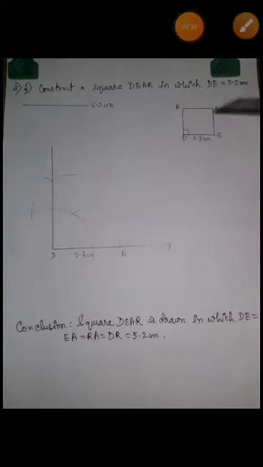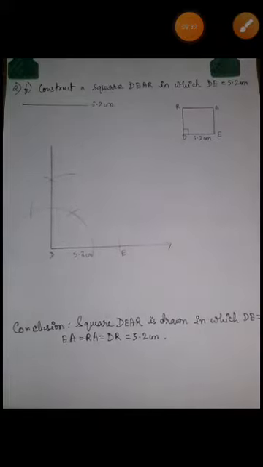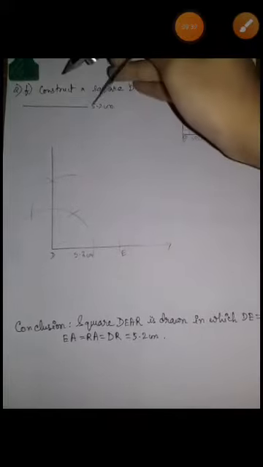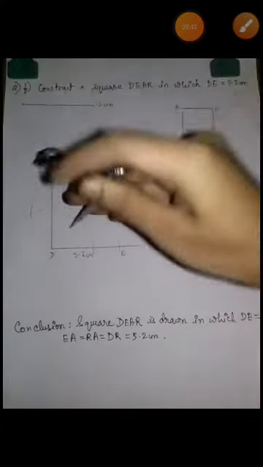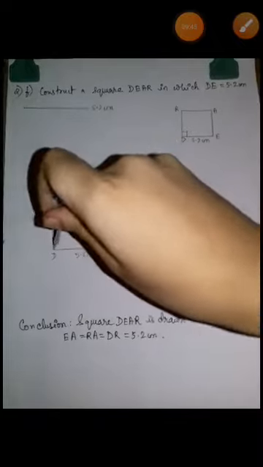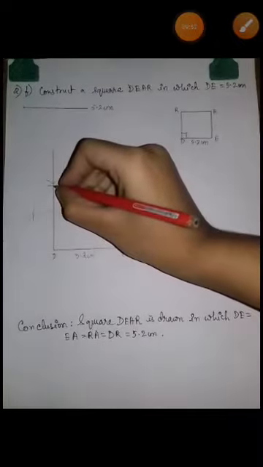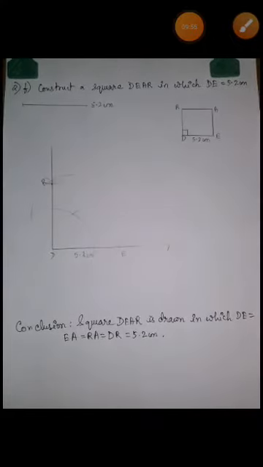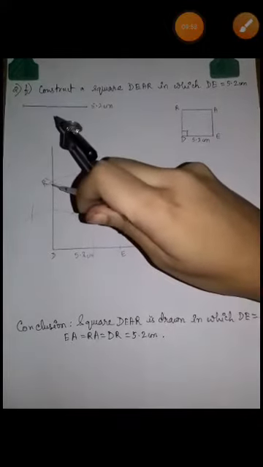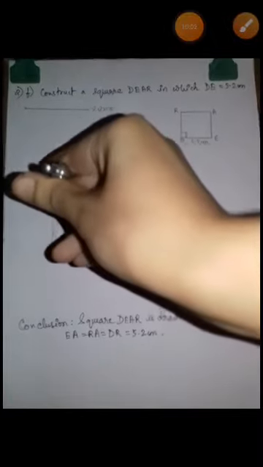Now see children, here you can see in the rough diagram all the sides should be of 5.2 centimeter length. So again you are taking the measurement 5.2 centimeter and placing at D and cutting. So you have got the vertex R. Now again place at R and cut an arc.